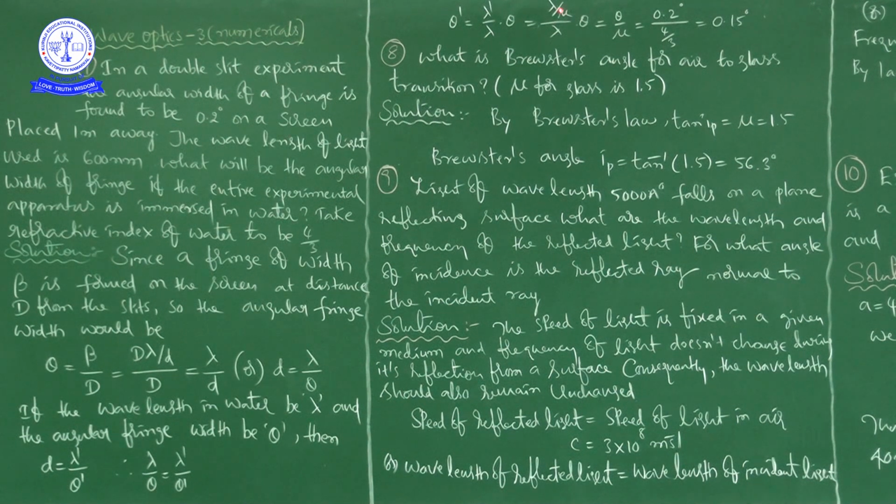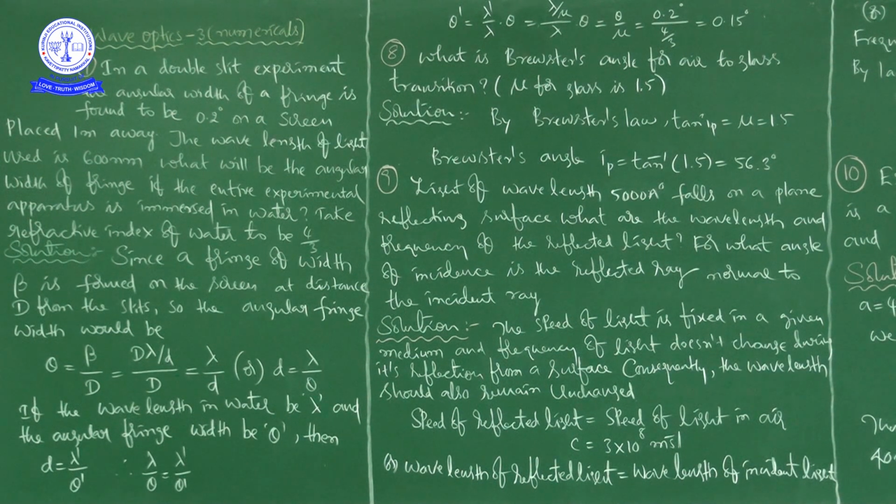Lambda dash, the wavelength of light in water, we are writing in terms of wavelength of light in air and refractive index, divided by lambda into theta. If you observe carefully, the lambdas will get cancelled, and the final answer will be theta by mu.